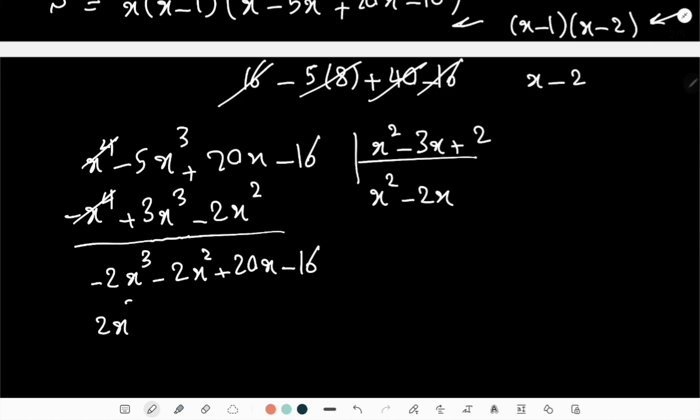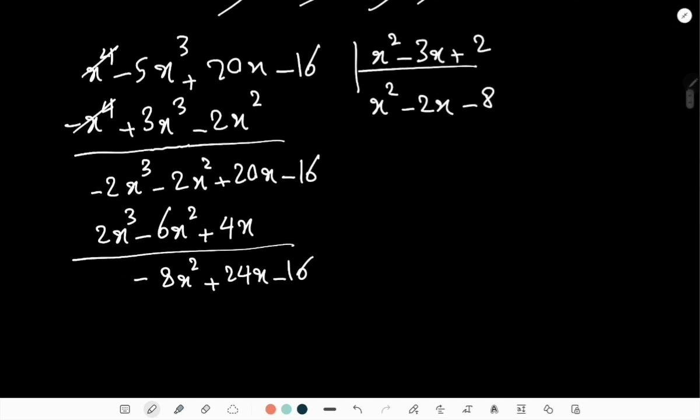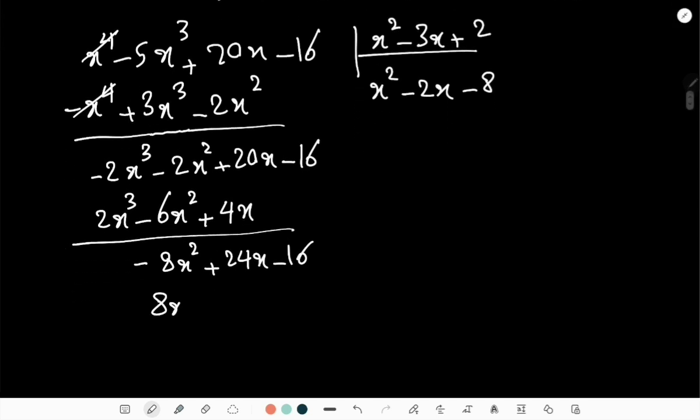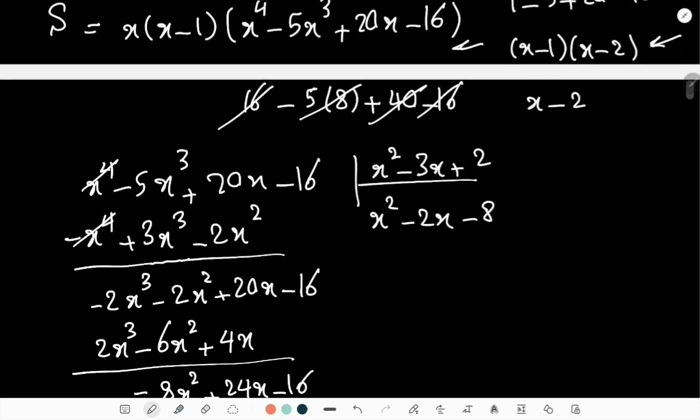And if I divide that again, this is minus 2x, 2x^3 minus 6x^2 plus 4x, and that is minus 8x^2 plus 24x minus 16, which is basically minus 8, and that is 8x^2 minus 24x plus 16, and these guys all cancel out each other, as expected, because that should be divisible by that factor.